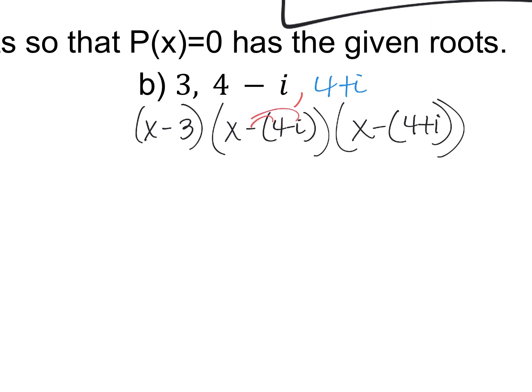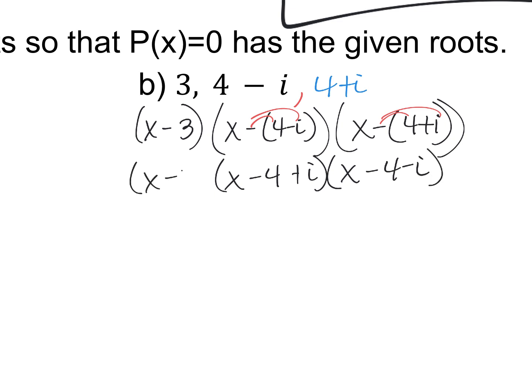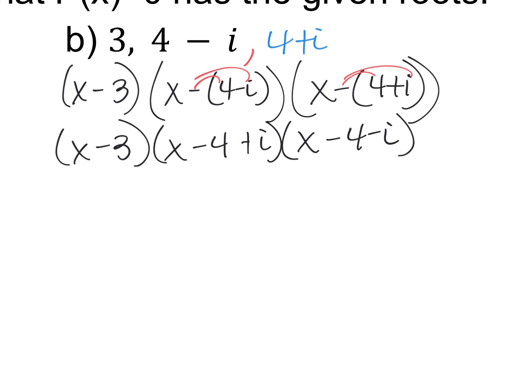All right, distribute your negatives. So you have x minus 4 plus i times x minus 4 minus i, and then just drop that down. Go ahead and distribute out your two terms with the i's in them.